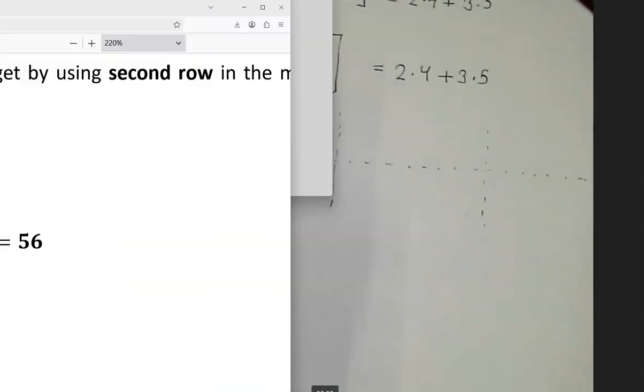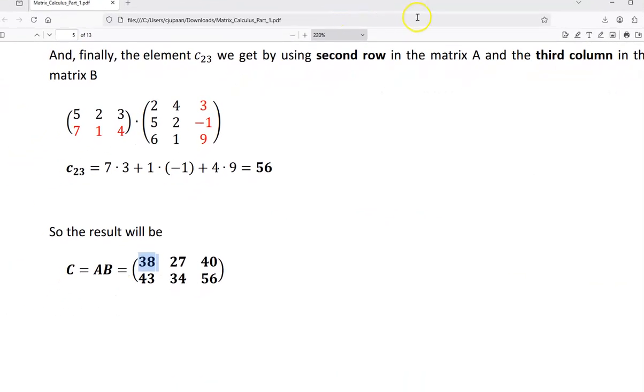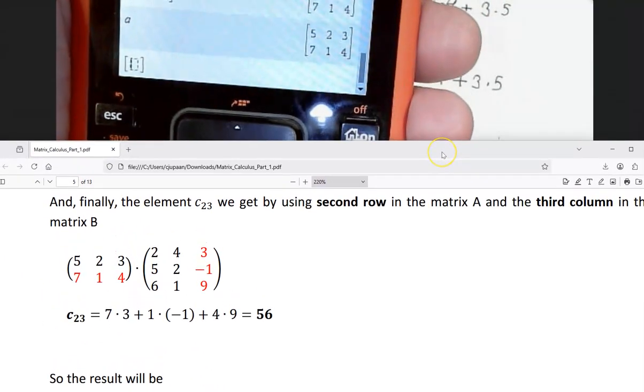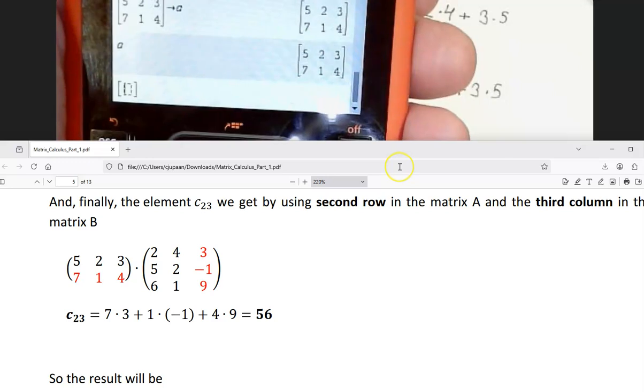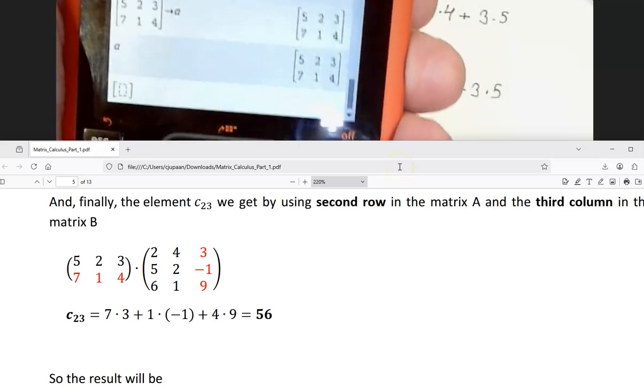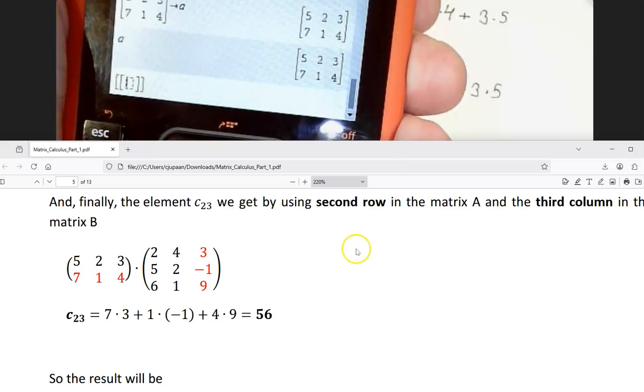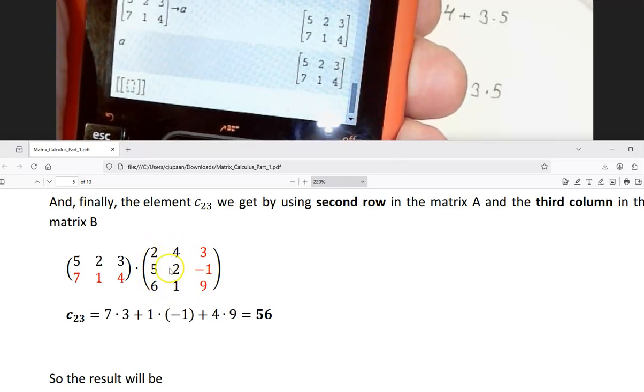Oh sorry, you can't see, or probably you can see when I show both at the same time. So the first row inside square brackets, so that is the second matrix here.